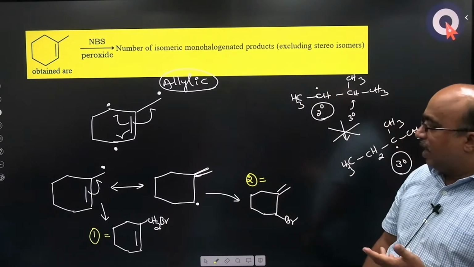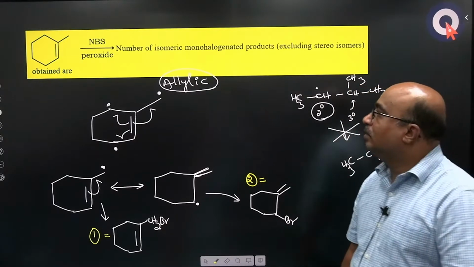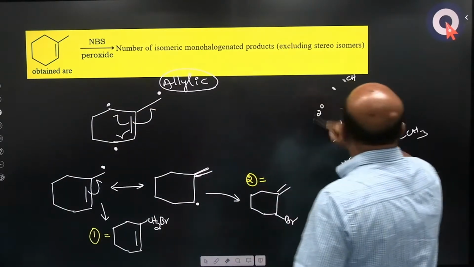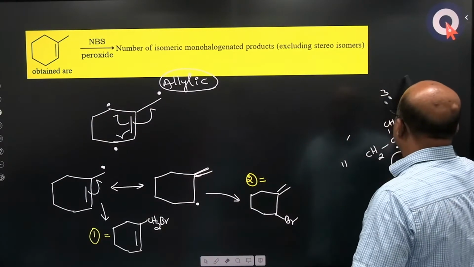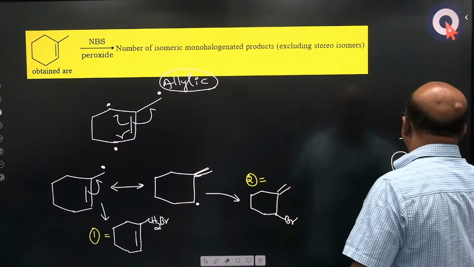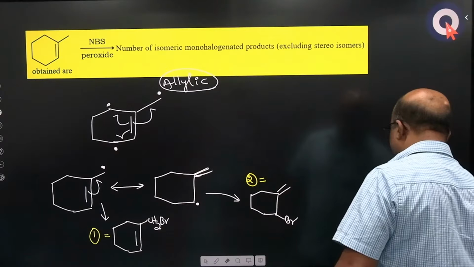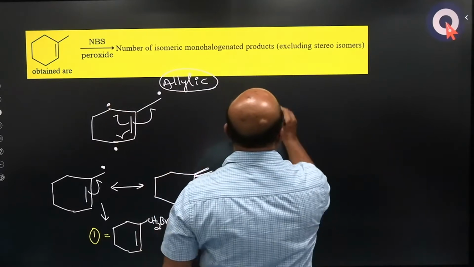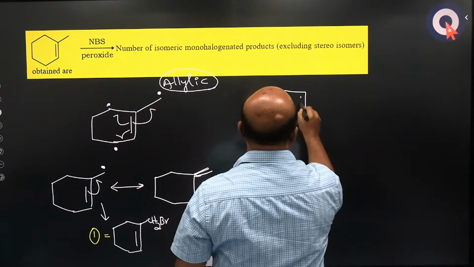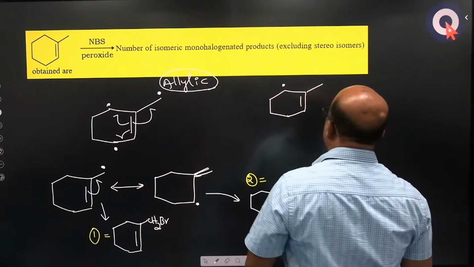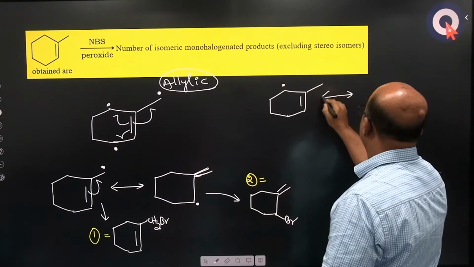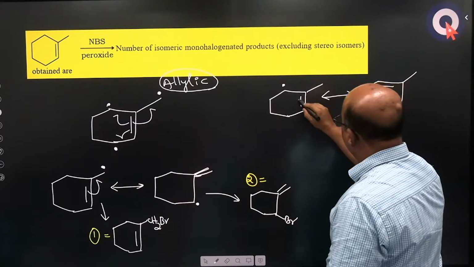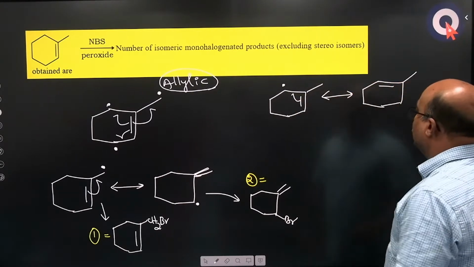Now coming to the other allylic radical that exists. What is that other allylic radical? Let us write here only. You can get the radical here, meaning a double bond was already here and the radical formed. What is its resonance structure? The double bond comes here because the pi bond is shifting like this, and then you will get a radical here.